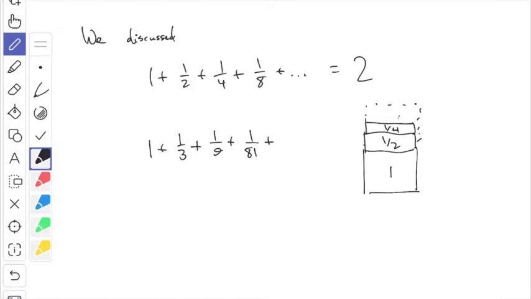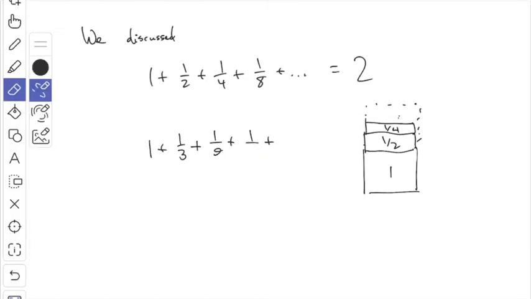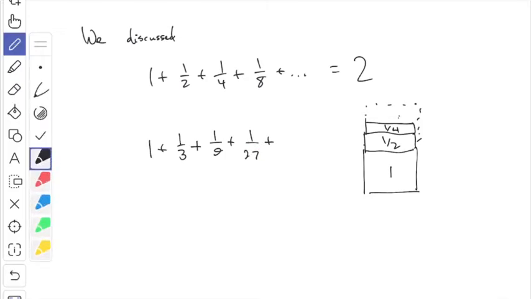Not 81, 27 is the next power of 3. Equals what? There's no convenient picture to draw with boxes in this case, because instead of filling up a half of the remaining area, you fill up only a third, and the numbers get complicated.